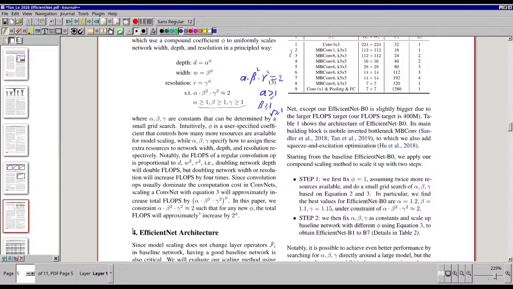In this paper, we constrain alpha times beta squared times gamma squared to approximately equal 2, such that for any new phi, the total FLOPS will approximately increase by 2 to the phi.